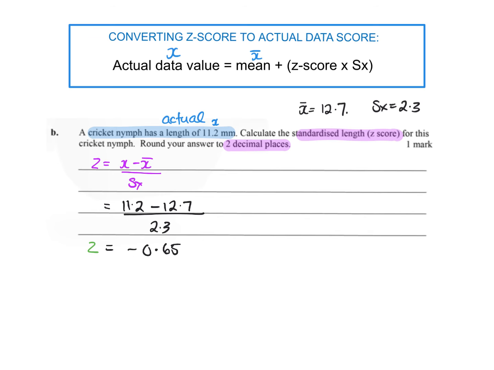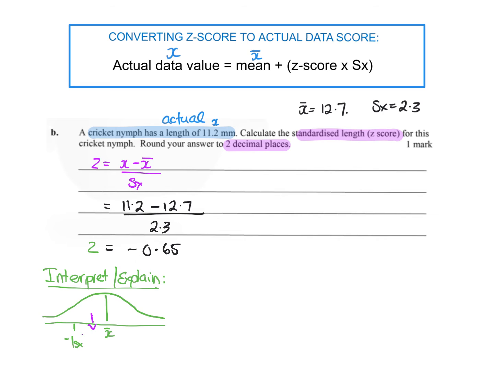So this is a Z. Just to help you out, if you were asked to interpret, maybe even explain it, this is how we're going to do that. You're going to think about where it fell in your bell shape. So if you've got the bell shape there and the mean would be here, this is where our negative 0.65 would fall.